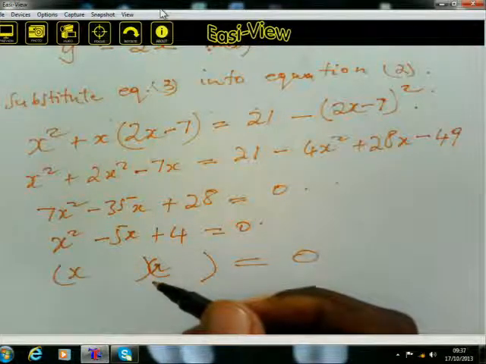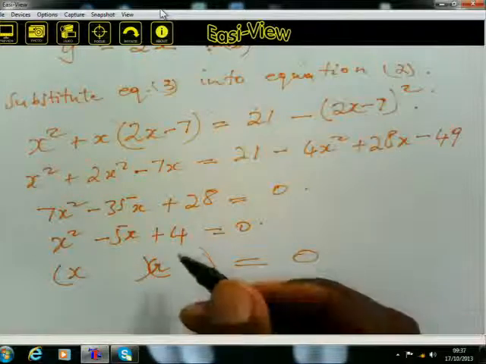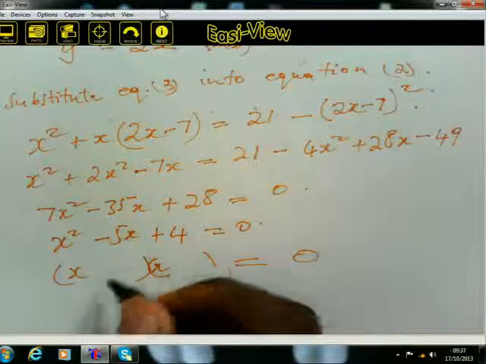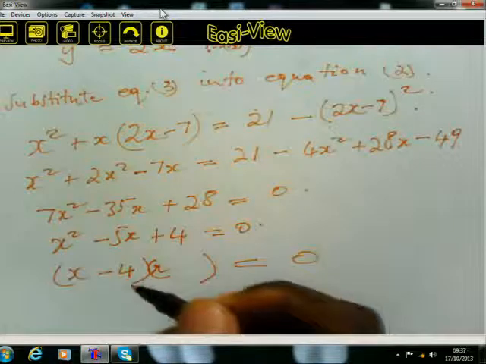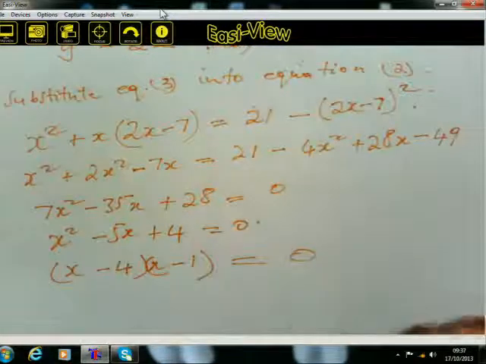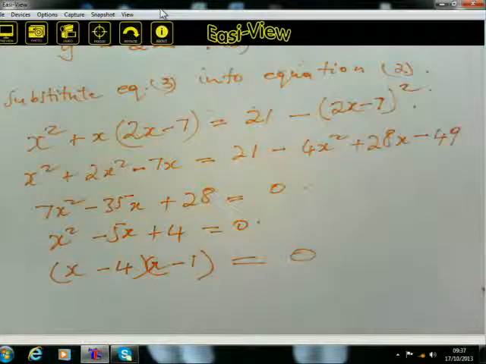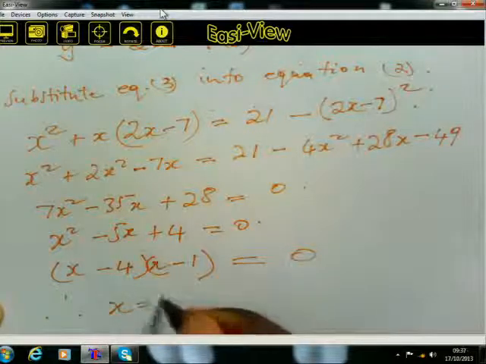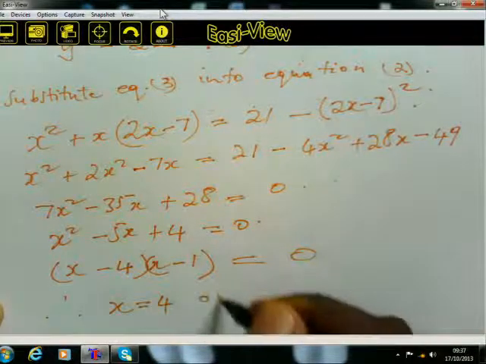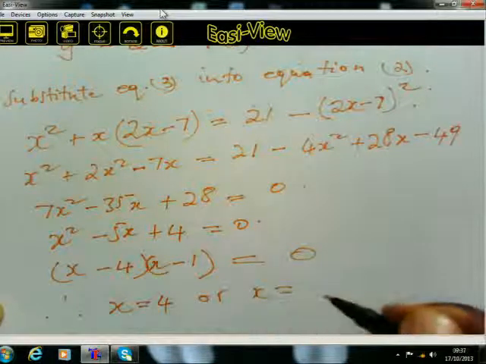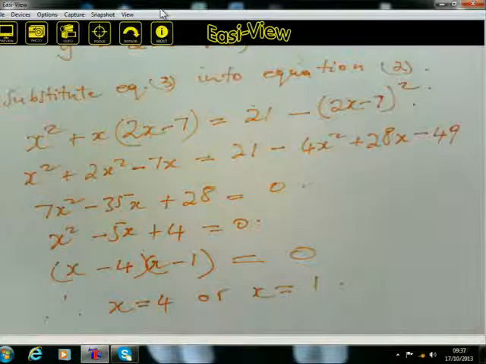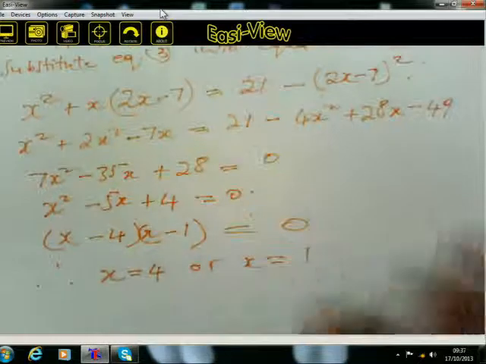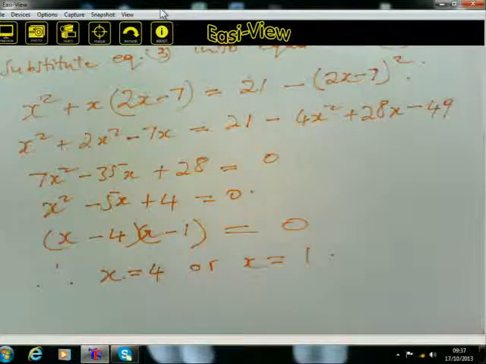And the factors of 4 are minus 4 and minus 1. Now what does this mean? Therefore x is going to be equal to 4 or x is going to be equal to 1. So in this case we have solved for x.